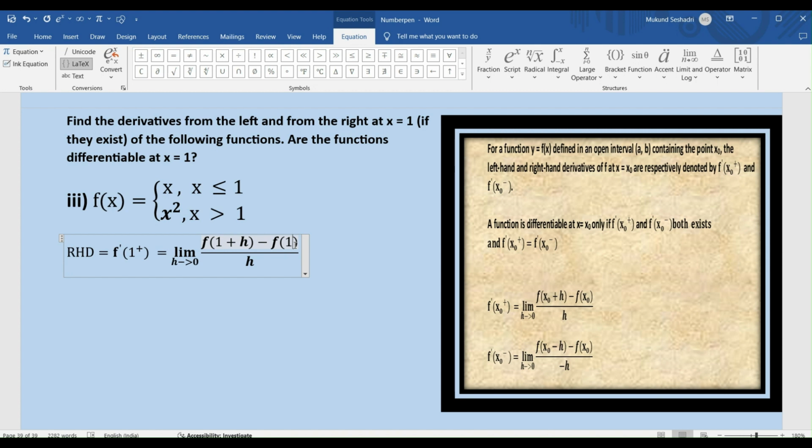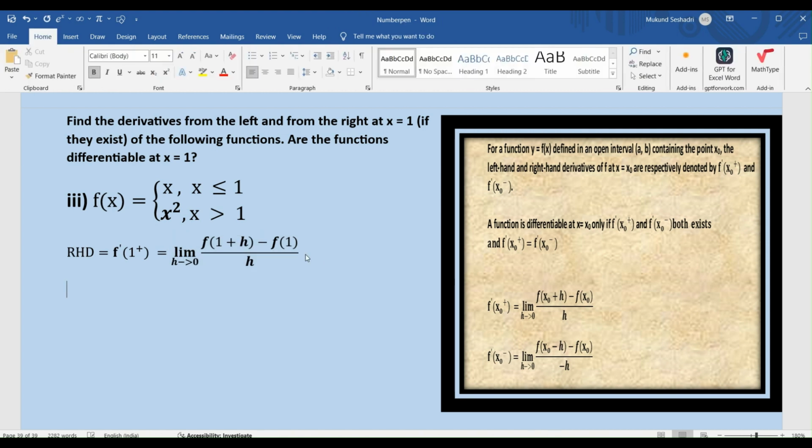Limit h tending to 0, f of 1 plus h minus f of 1 divided by h, right? So my f of 1 is, let me move to the next line, my f of 1 is nothing but x, right? Because for x equal to 1, we have f of x taking the value x.